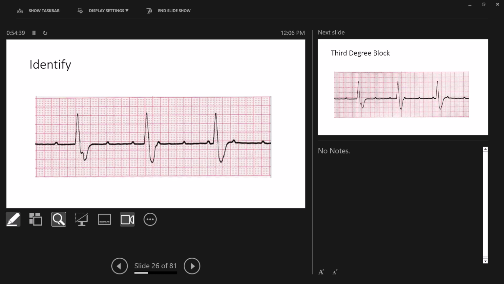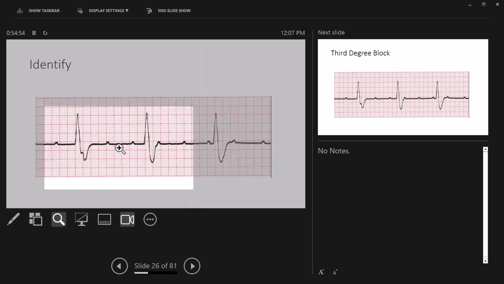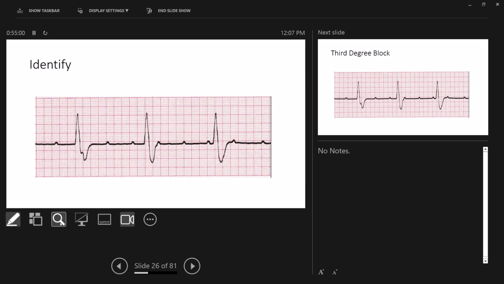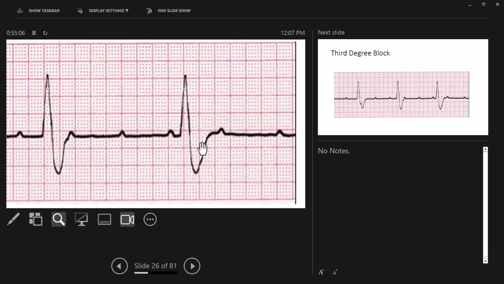Rhythm. Okay, ventricles are regular. What about the atria? Atria is regular too. Okay, what about the PR interval? Wide. Okay, so it is wide, or what? I mean, look at what about this right here? Is that P wave wide?